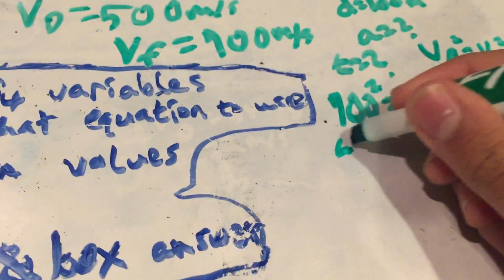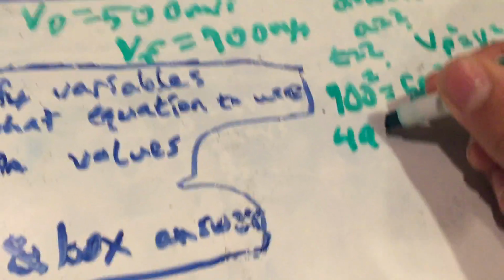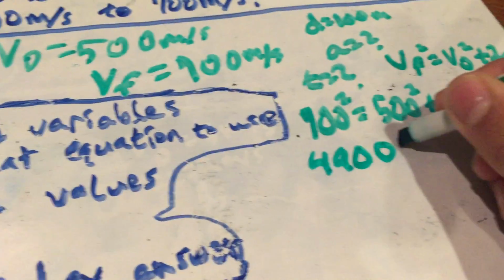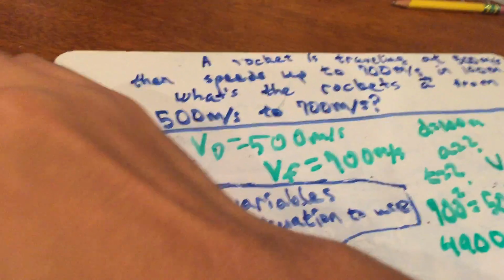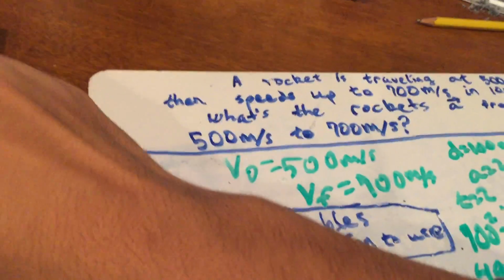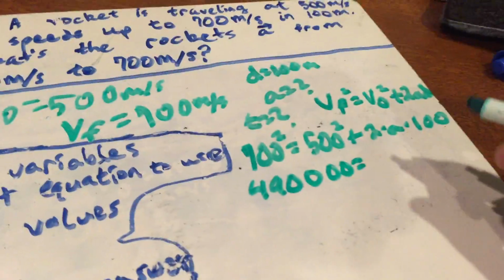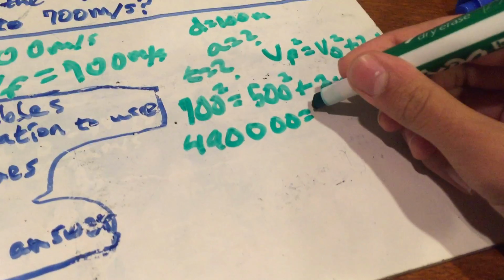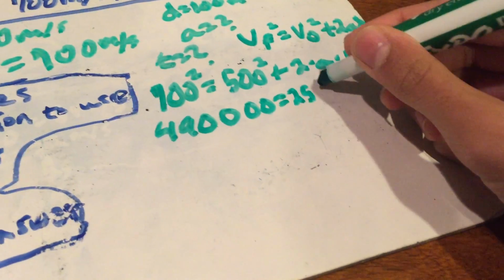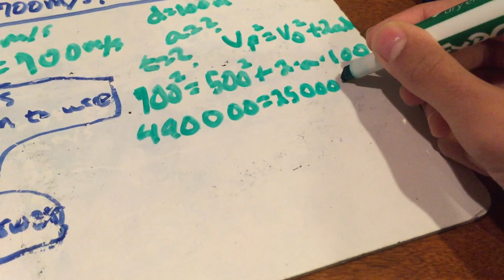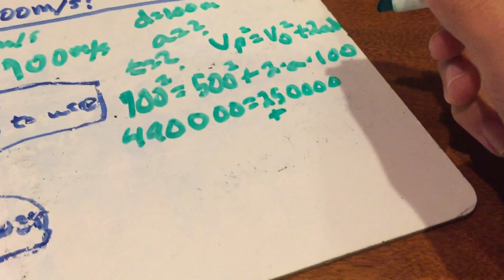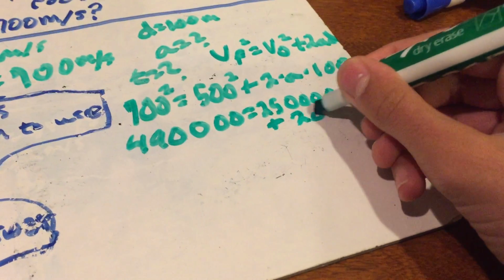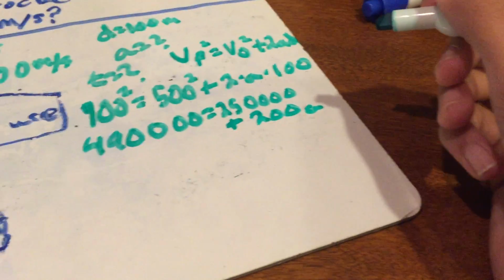So for 500 squared, I could do that mentally, but teachers want us to use calculators. 250,000 plus 200a. Okay, actually, let me rewrite that.